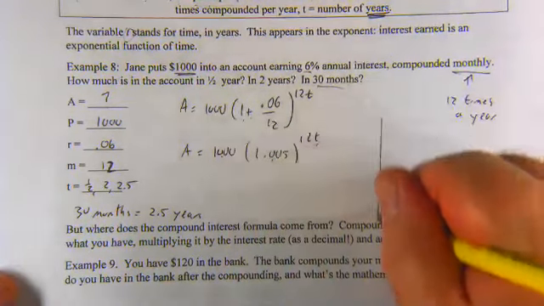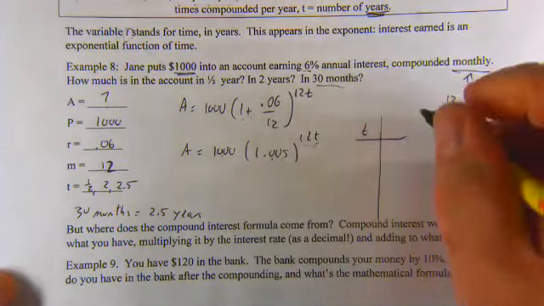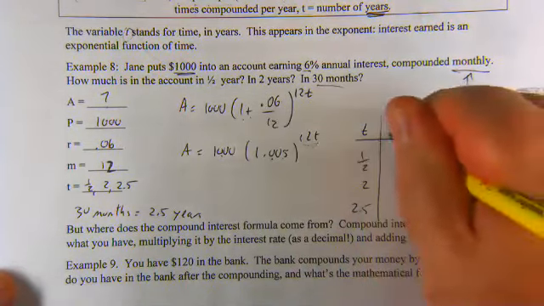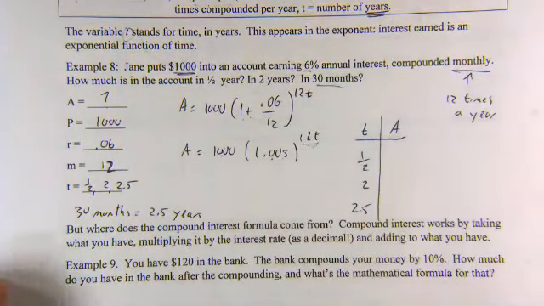So set up a little table here. t: 1/2, 2, 2.5. And what's A? Well, you plug t into that and see what you get.